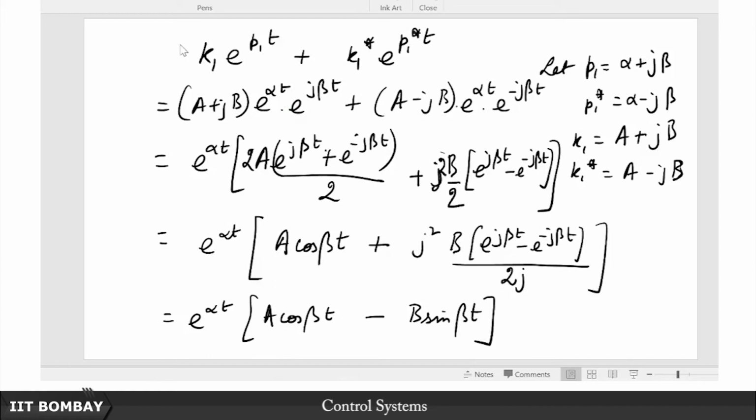If you are uncomfortable with this because it only contains complex numbers as its coefficients, you can always carry out this expansion and eventually you end up with an expression like this.